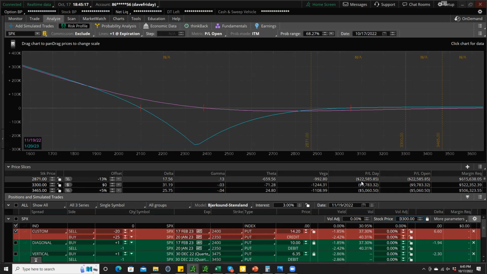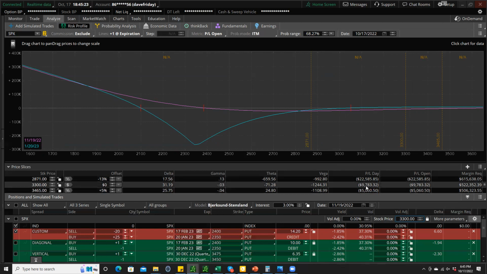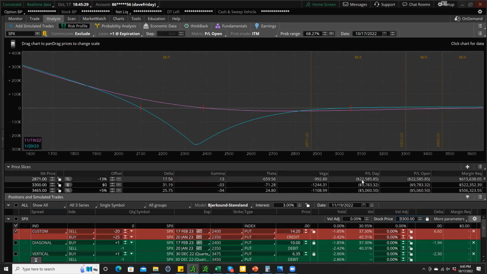At that point, we have to make a decision. Are we going to fix the trade, or are we just going to take the loss? So hopefully we've done our adjustments along the way, but this becomes the point of no return. Once we get to here and it's $20,000, then we have to make some decisions.